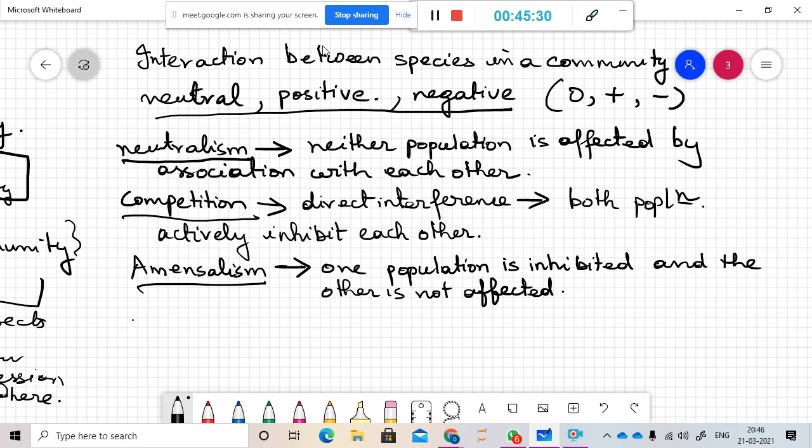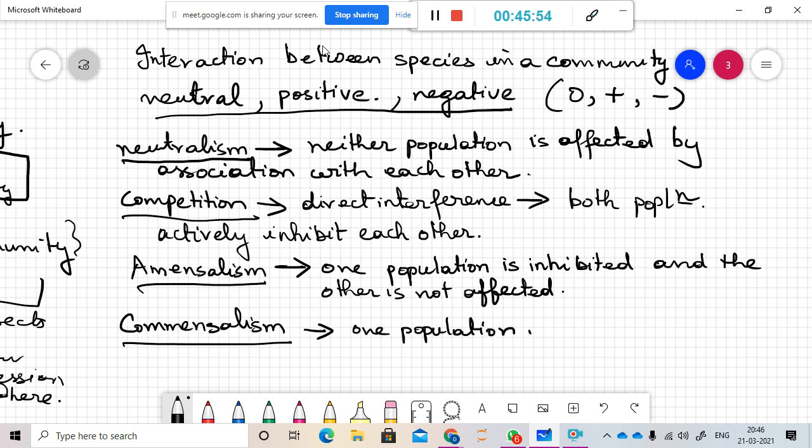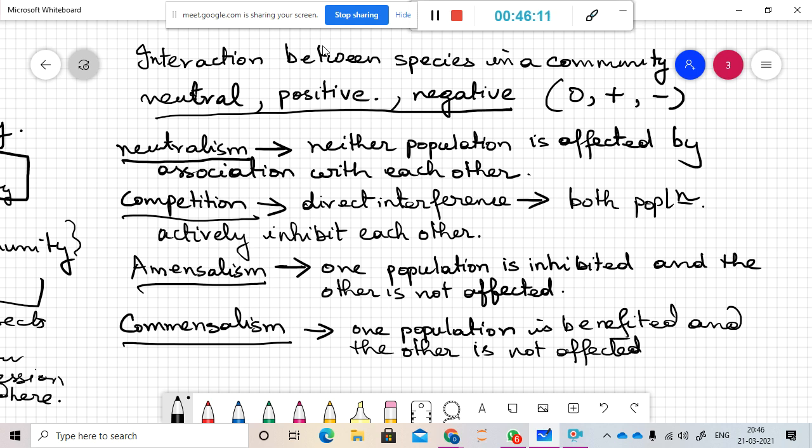Then we have commensalism. In commensalism, one population is benefited but the other is not affected.